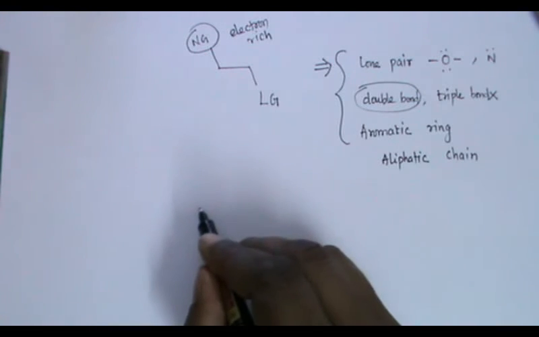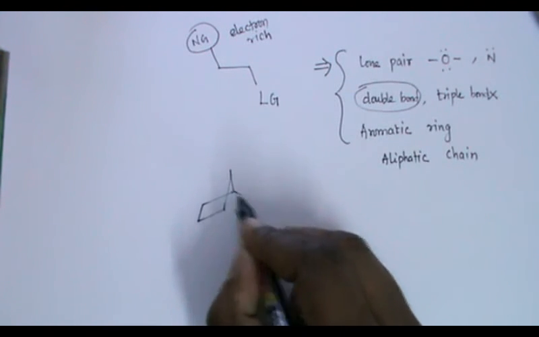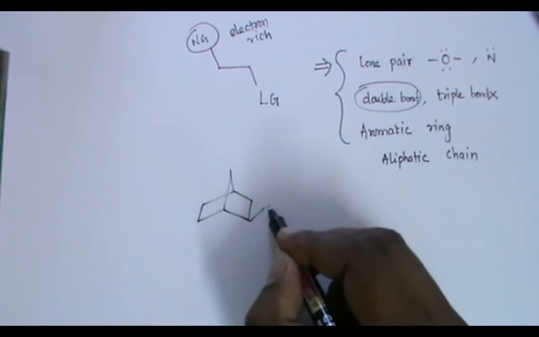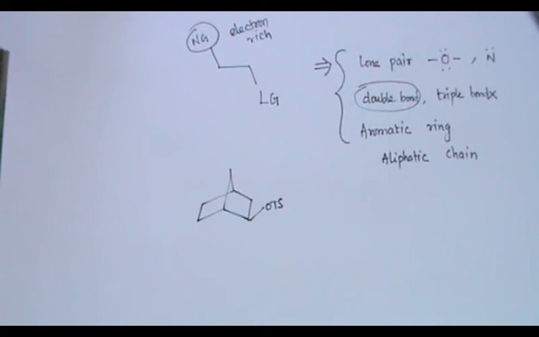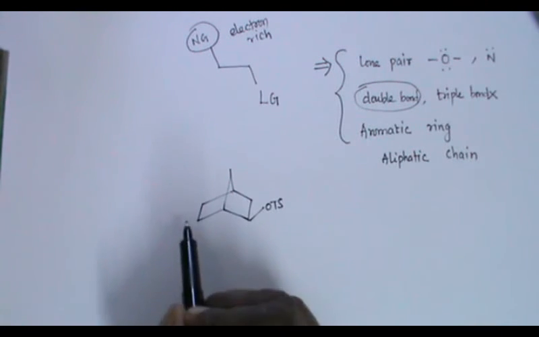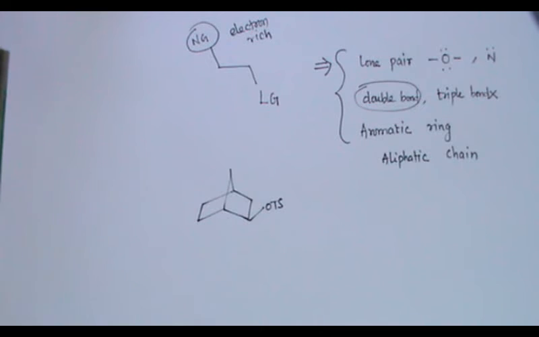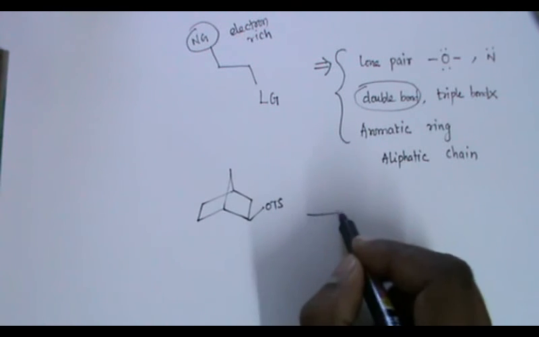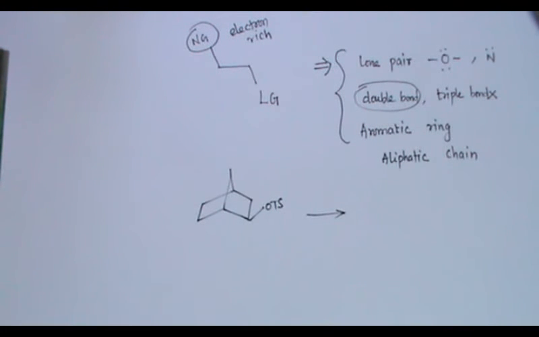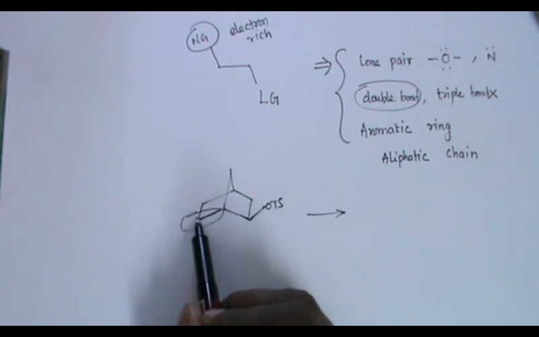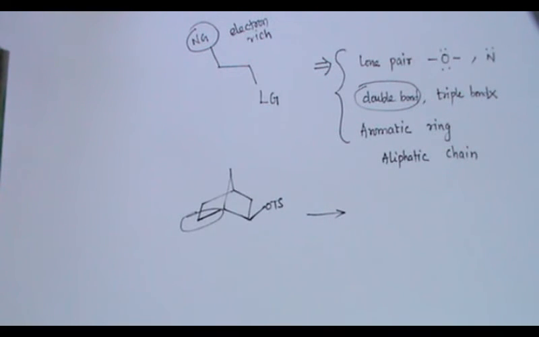In the case of a bicyclic compound, there is no double bond, there is no oxygen with a lone pair of electrons, and there is no aromatic ring, but still the solvolysis will be faster. This leaving group and the alkyl group should be trans to each other.